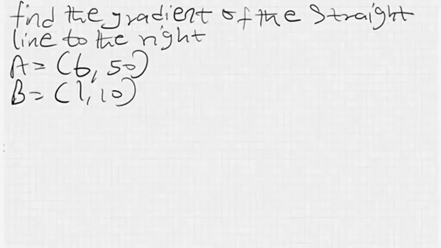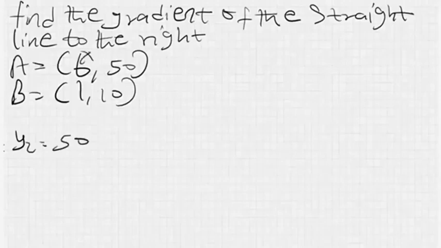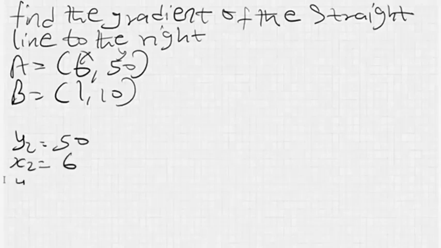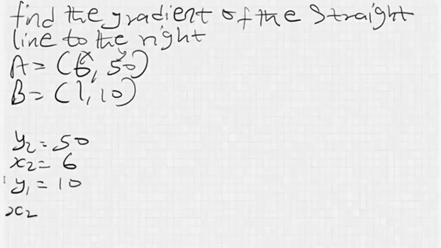Basically we are given these points, A and B. Let's begin with the point A. Our y2 will be 50. This is our x, this is our y. Our x2 will be 6, our y1 will be 10, and our x1 will be 1.